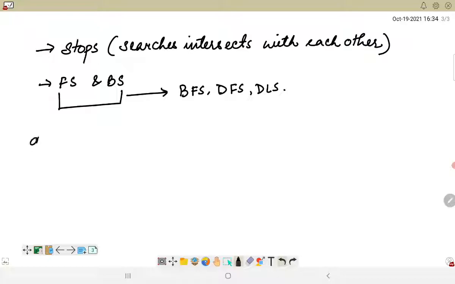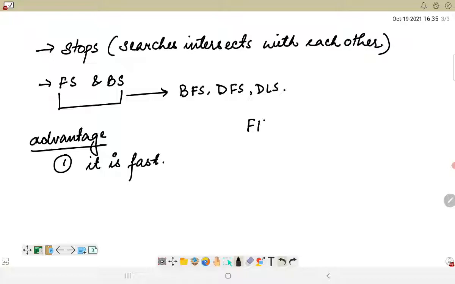Talking about the advantages, the first advantage is that it is fast, because the search does not need to be thorough. Suppose you have to meet a friend. The friend's house is somewhere at one point, and your house is at another point. You can move to your friend's house, or your friend can move to your house.